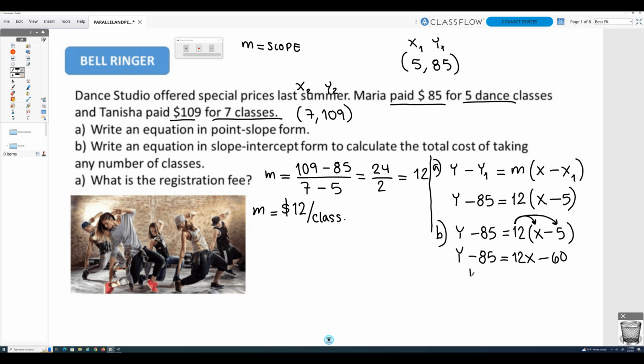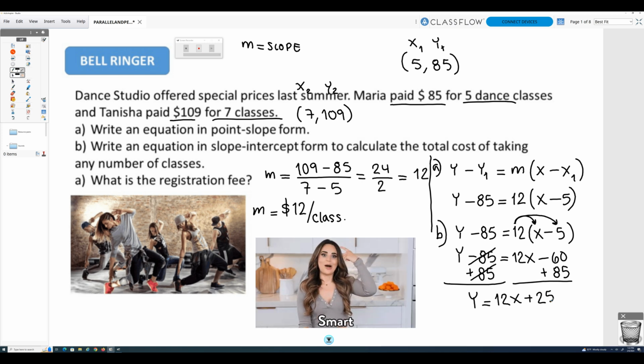Add 85 on both sides of the equation to cancel the subtraction of 85 and isolate y on the left side. And voila, we get the slope-intercept form.